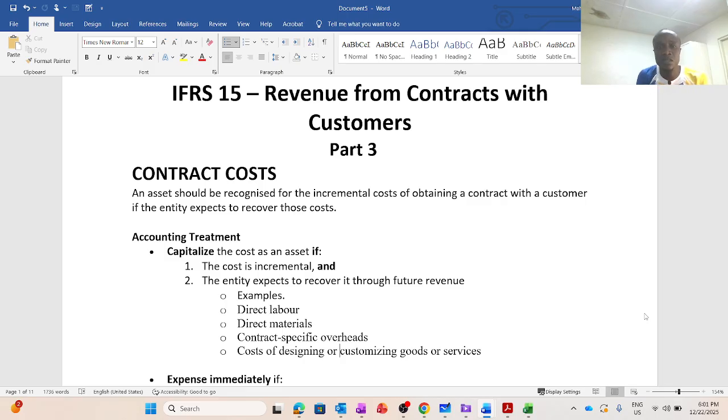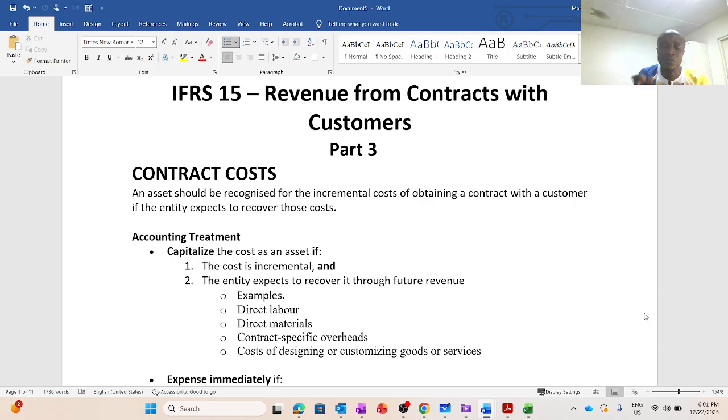Whether we recognize the full revenue at contract inception, or based on the percentage of completion, or at the date the actual cash is received from the customer.